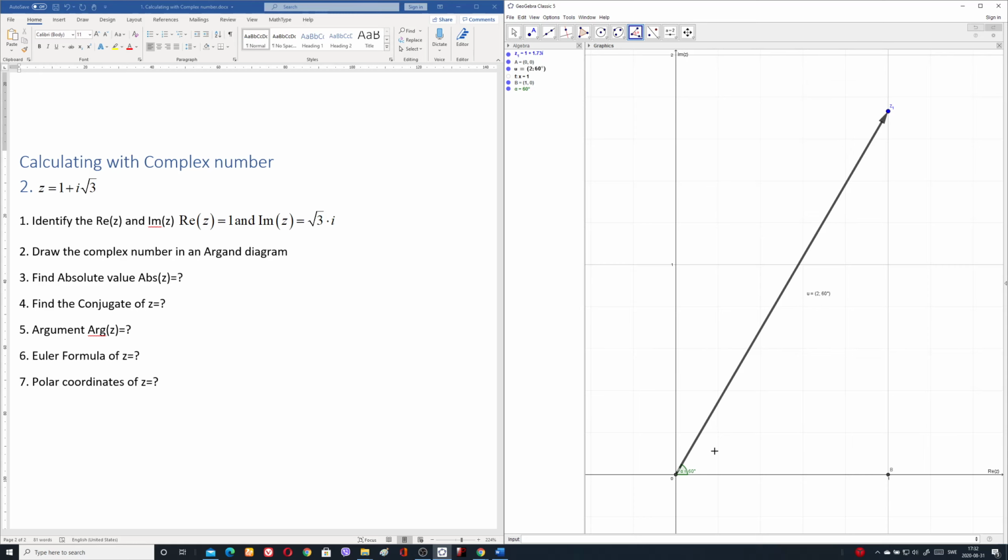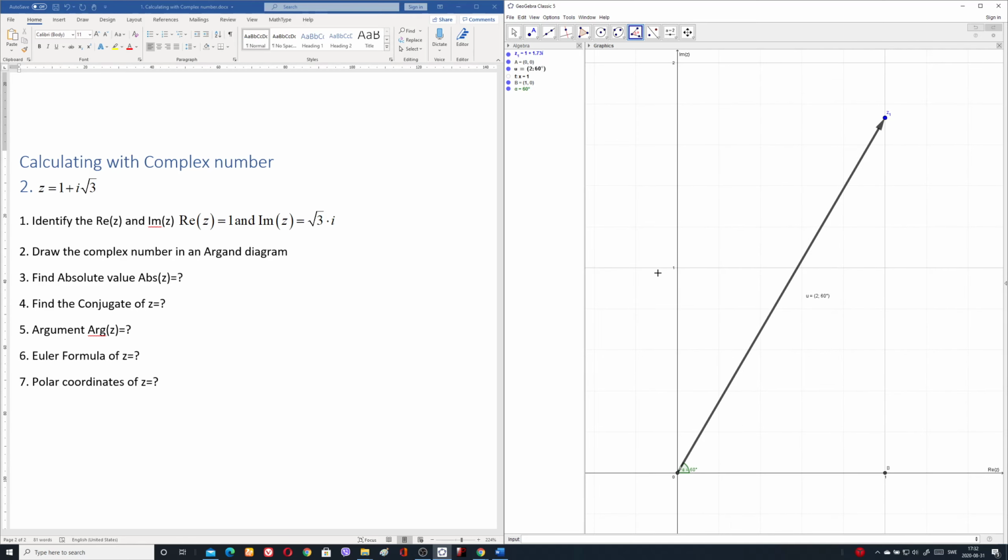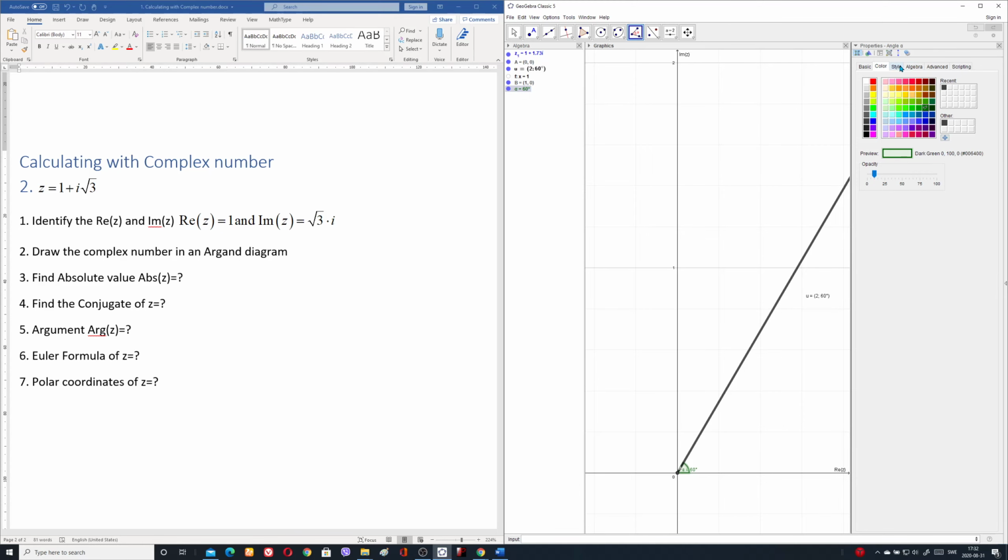Okay, so let me now manipulate this angle here. I go to the object properties, style, and I will put the thickness to 2, and I will put 100% here and 100% here.